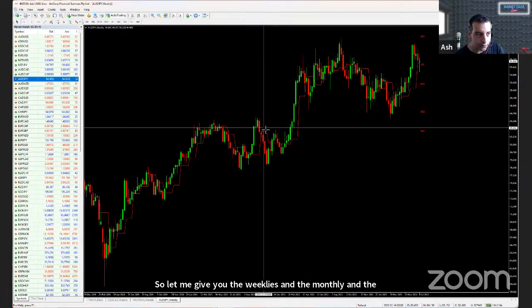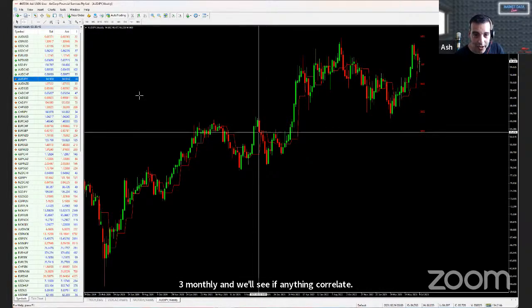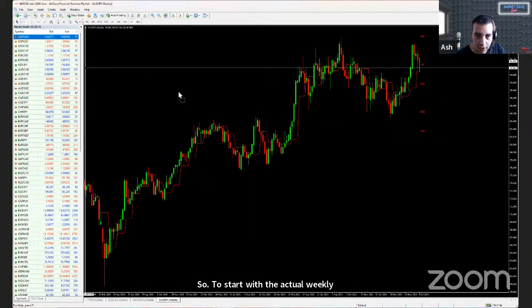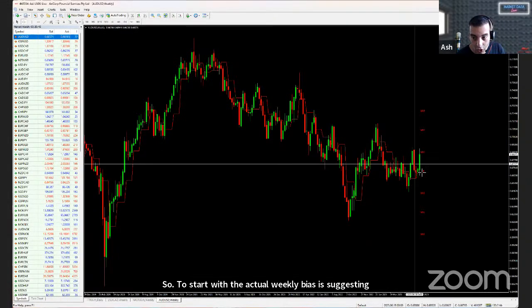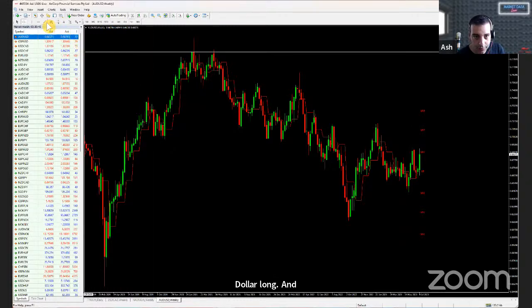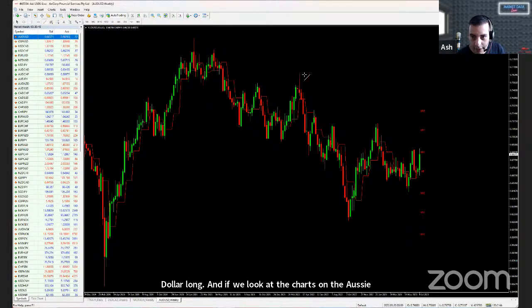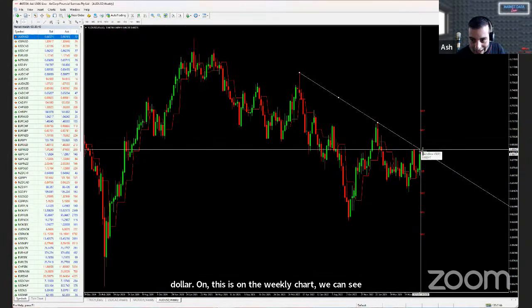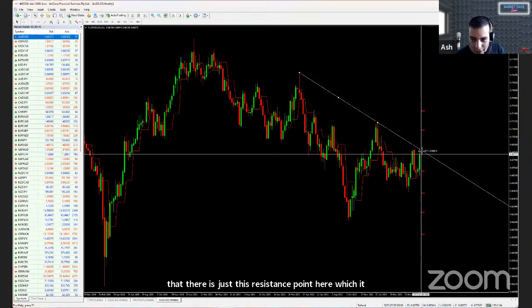So to start with, the actual weekly bias is suggesting that we should be looking for Aussie dollar long. If we look at the chart on the Aussie dollar, on the weekly chart, we can see that there is this resistance point here, which it hit and rejected. So for us to get long on the Aussie dollar, there's not that much to go.